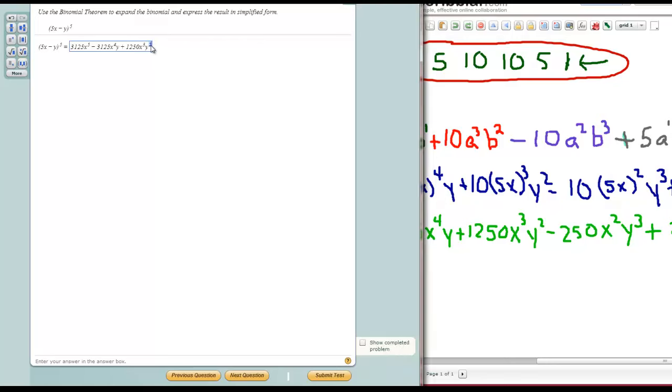All right, and then we're going to have minus 250 x, use the exponent button, squared, y to the 3rd, and then plus 25 x y exponent to the 4th minus y to the 5th.